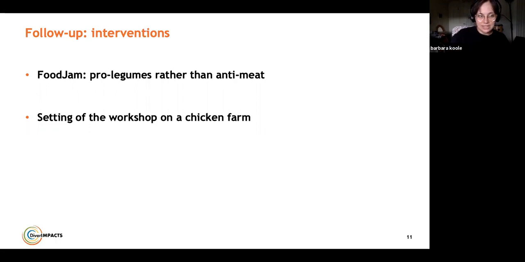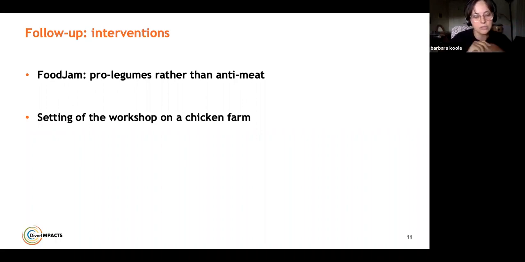The choice of the setting of the workshop showed very clearly, hey, in our future vision, we can have farms that have chicken production, chicken husbandry, as well as growing legumes. So I think these two things together really demonstrated very clearly to the farmers, hey, this project is not anti-meat, and this can go together in the future in our eyes.